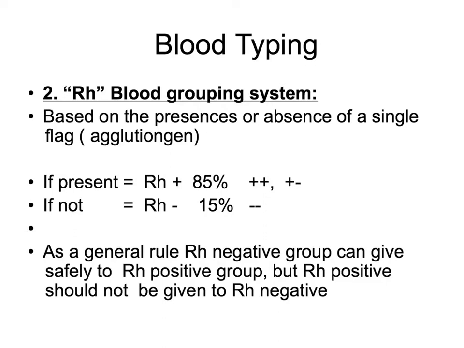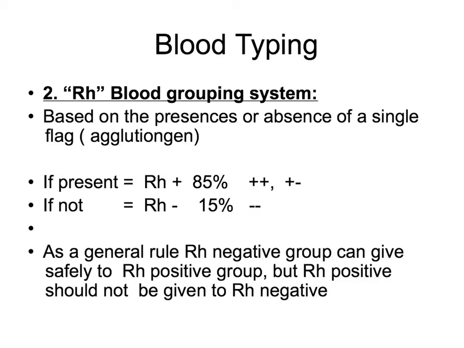Then the female would need to go through a series of shots to ensure she does not build up antibodies against the developing embryo. Now Rh positive is dominant, so positive positive is Rh positive, positive negative would be Rh positive, where Rh negative would receive the negative trait from both parents.